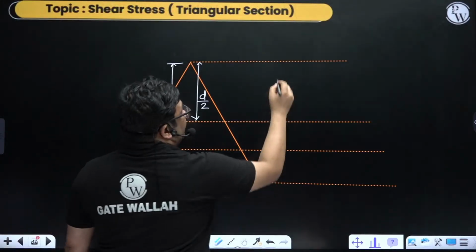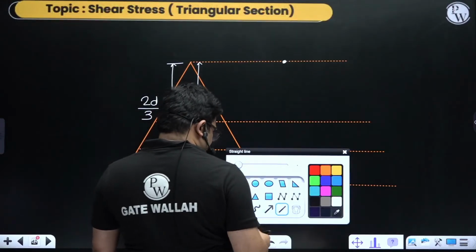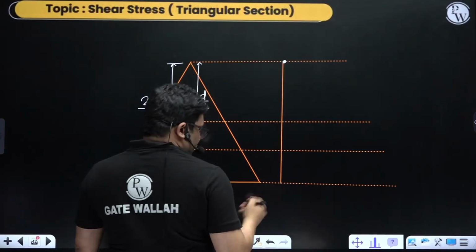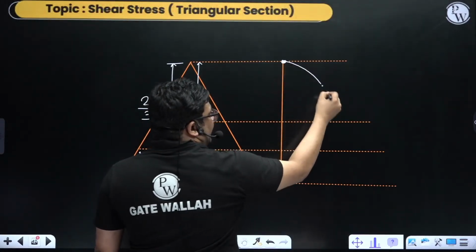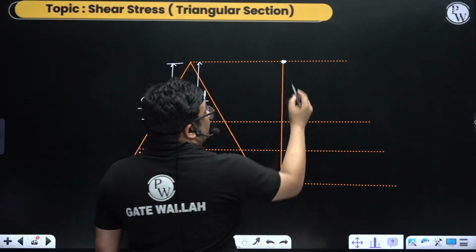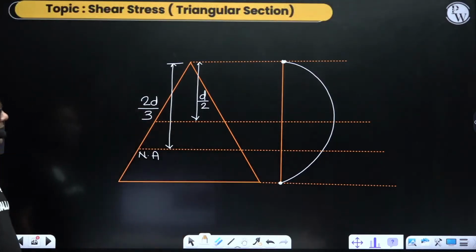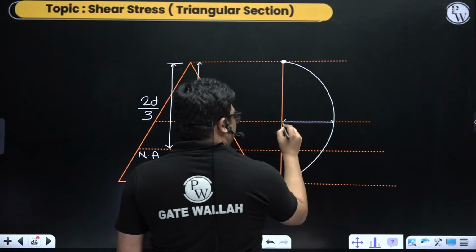So here, if you are drawing the shear stress distribution, then again you will get 0 at top and bottom, right? Again you will get a parabolic distribution, but here the maximum shear stress you will get at the mid depth only.